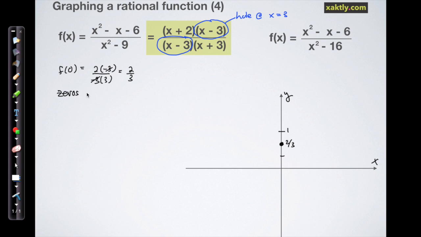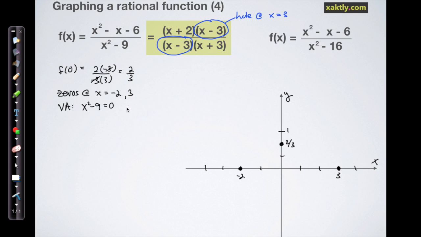We'll find the zeros by looking for the zeros of the numerator. And we've already factored that numerator, so we know that those are zeros at x equals -2 and x equals positive 3. So we'll sketch those out. So here's -2. The function is going to pass through there, and positive 3, the function will pass through there, although we know it has a hole at x equals 3, so we'll have to deal with that.